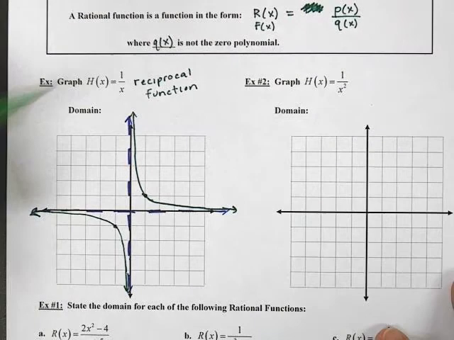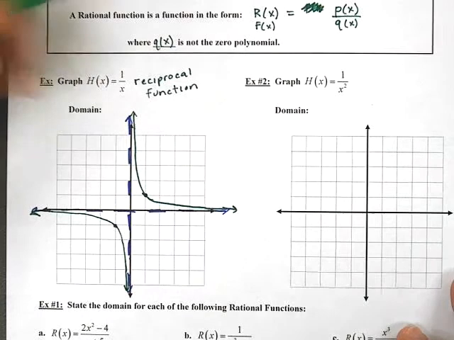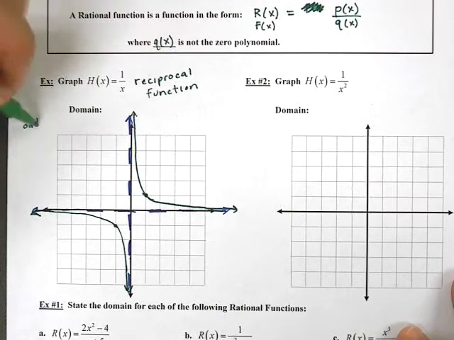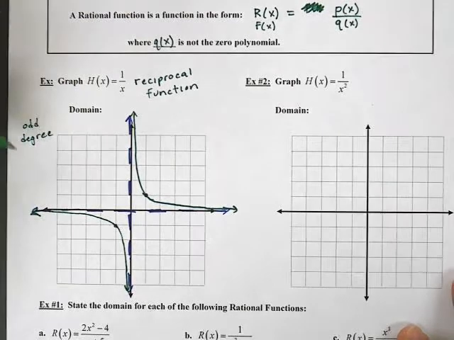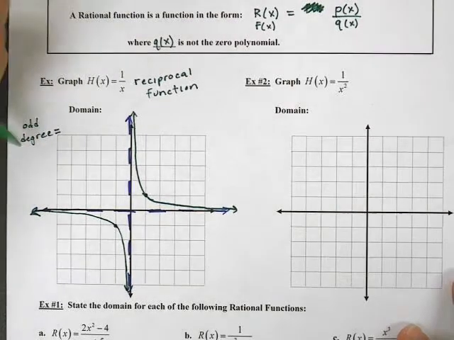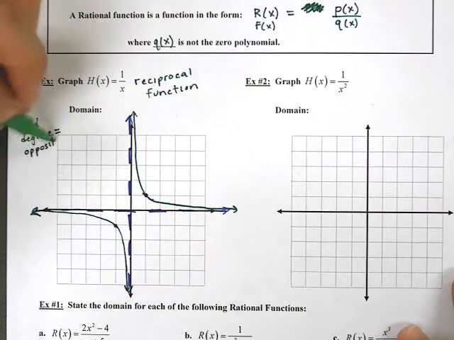Now what I want you to notice here, this x has a degree of 1, or it's odd. So when you have an odd degree, it's going to approach infinity at opposite ends.